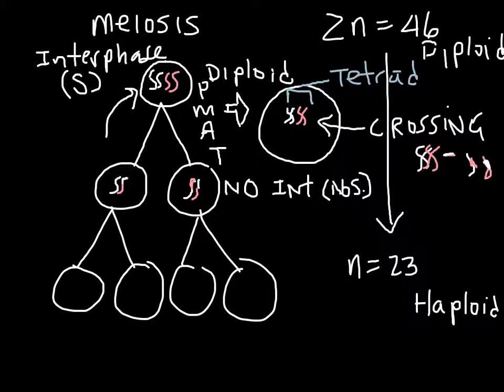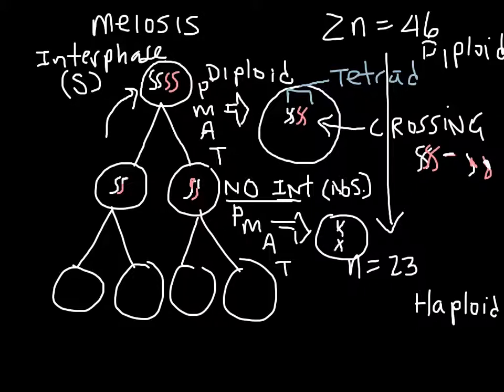So what happens now? Well, if there's no interphase, there's no copying of these new chromosomes. We just go through prophase, metaphase, anaphase, and telophase. And now metaphase looks similar to what it did in mitosis, where the chromosomes just line up along the middle. Let me make one of these pink and the other one white. Kind of put in our pink and our white bands on there so you can see them.